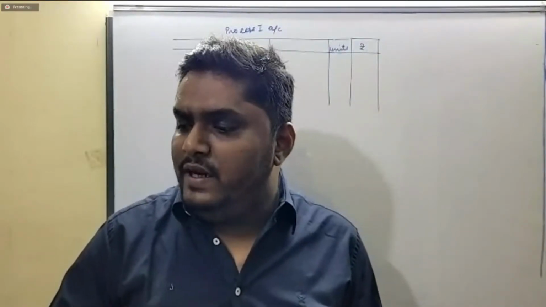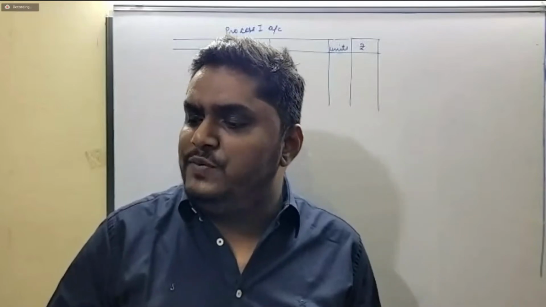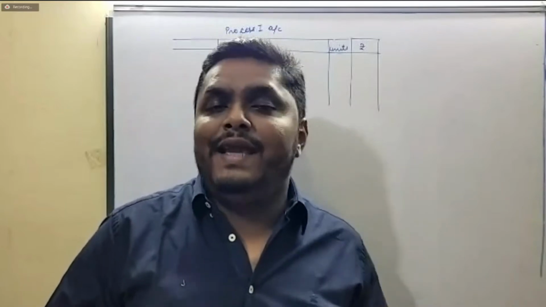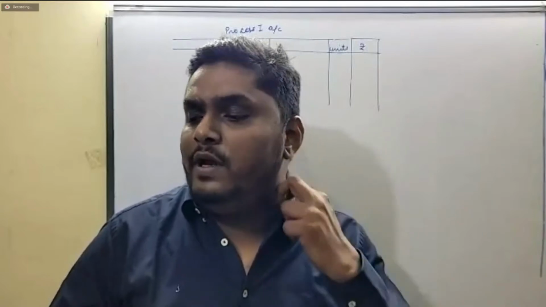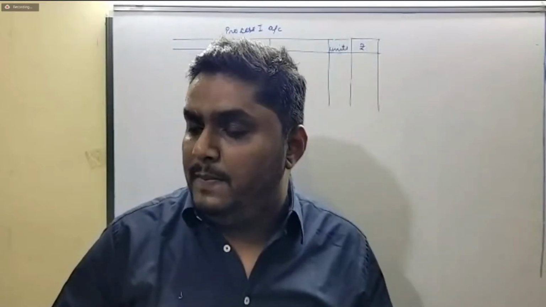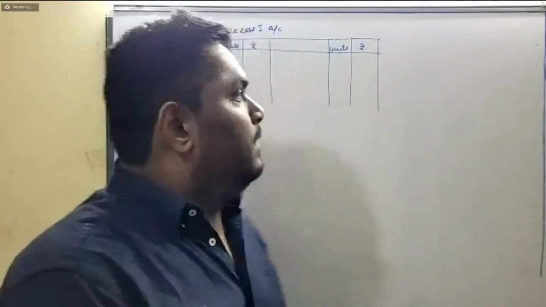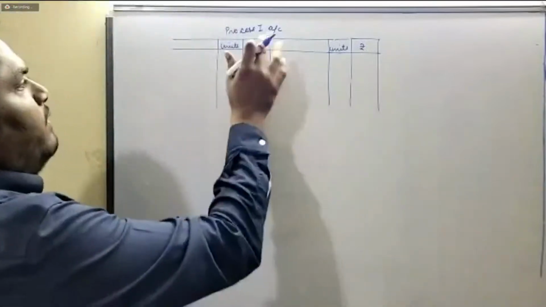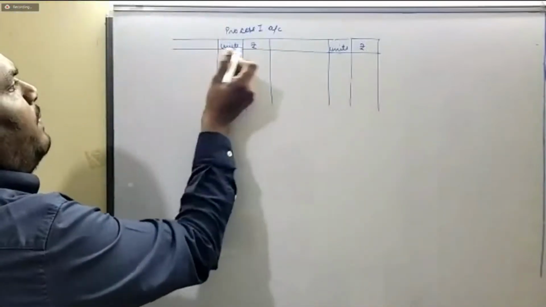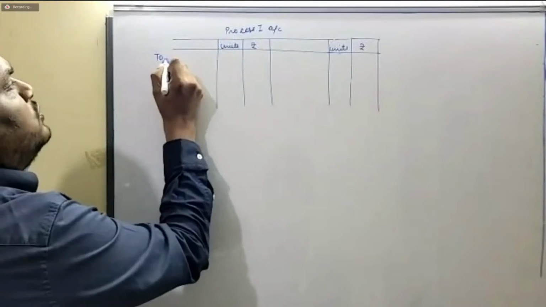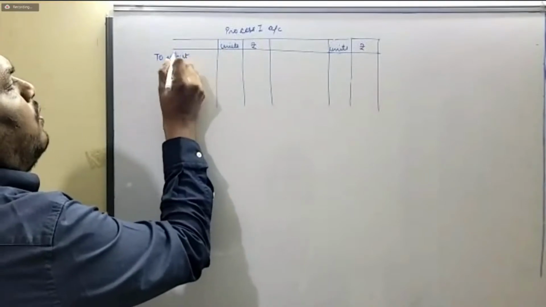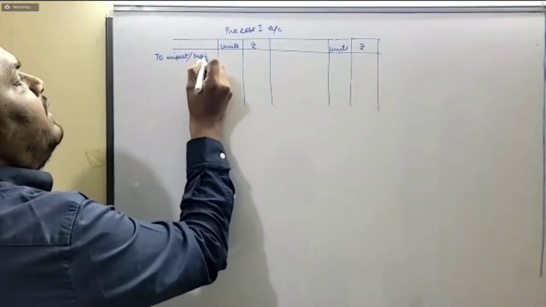Yes, Dhyanesh, very true. The calculation of the cost of each process and the calculation of the total cost of the product is the purpose of this chapter. So, we have to transfer input or raw material to process first.